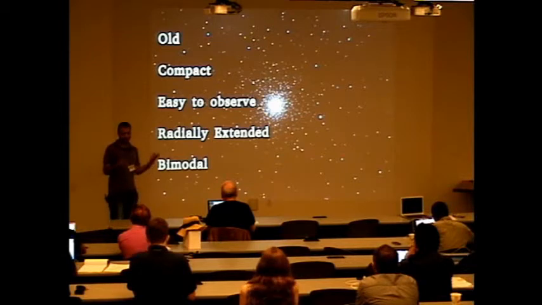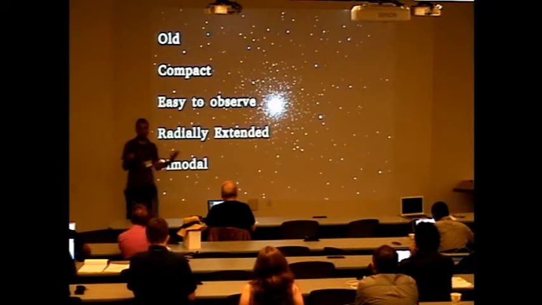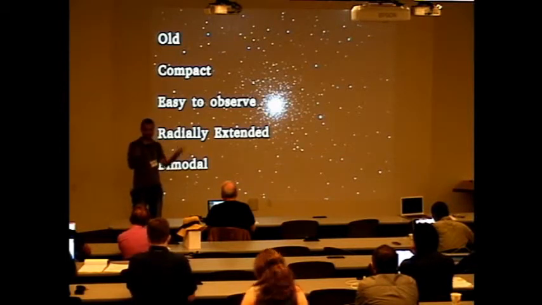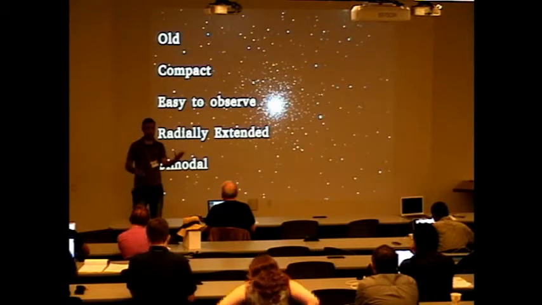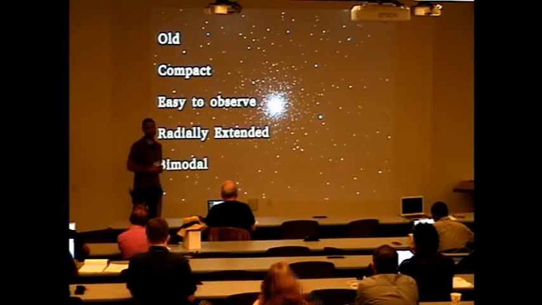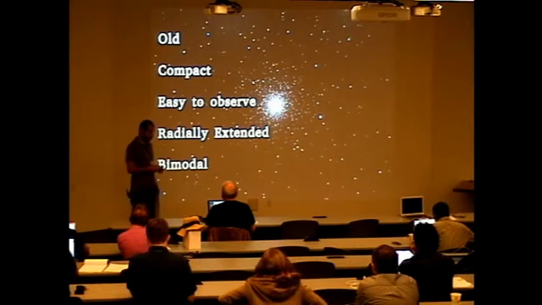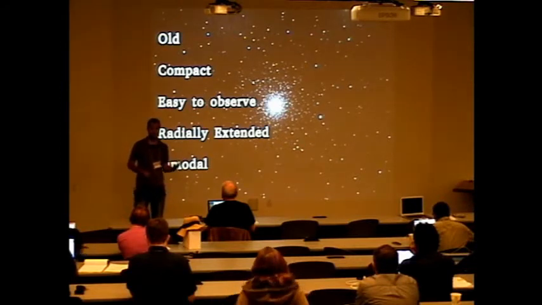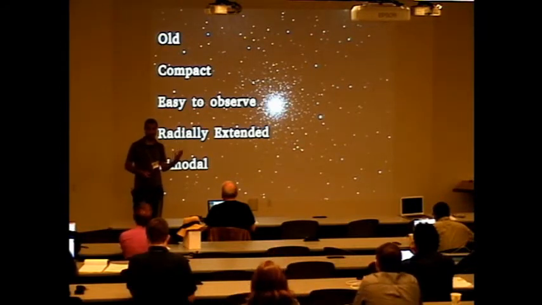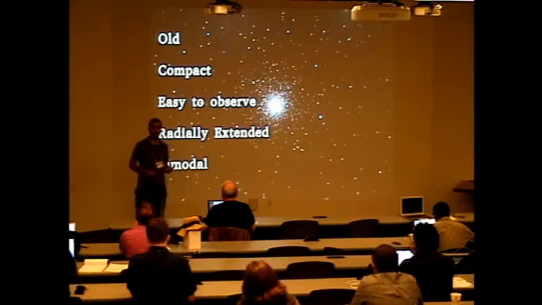One is the red globular cluster population, which is probably more connected to the stellar halo of the galaxy, and then you have the metal-poor globular clusters, which are probably more linked to the halo of the elliptical galaxy.